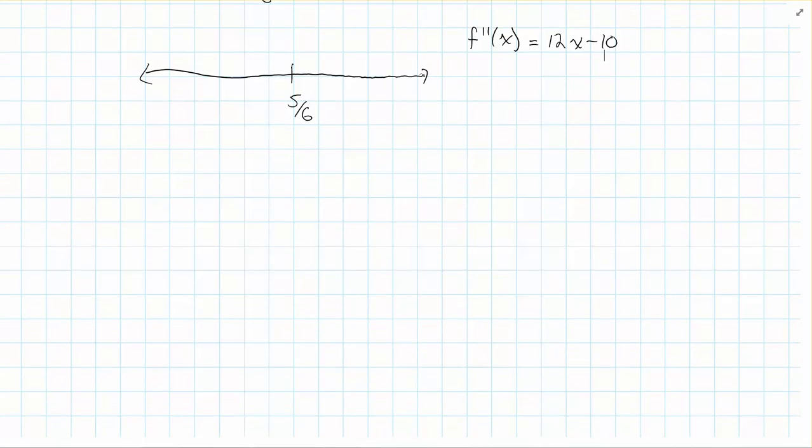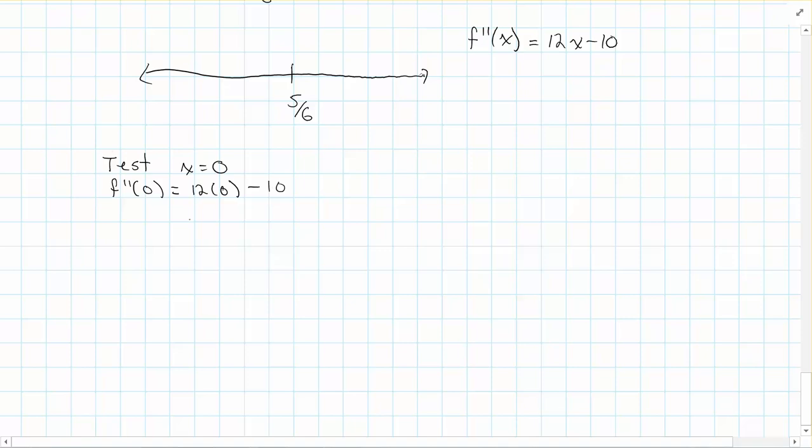I'm going to pick points in these corresponding intervals that I can test in my second derivative. So in the left one, hopefully it becomes obvious, I think I should test x equals 0, because that would be very easy to do. Now again, we're plugging this into the second derivative. So this would be 12 times 0 minus 10, which is negative 10.